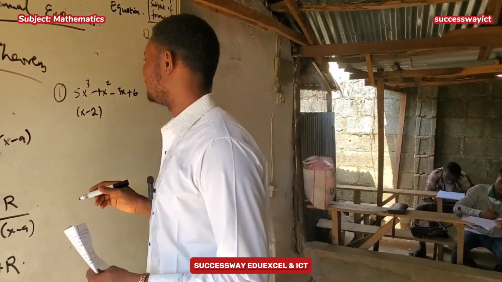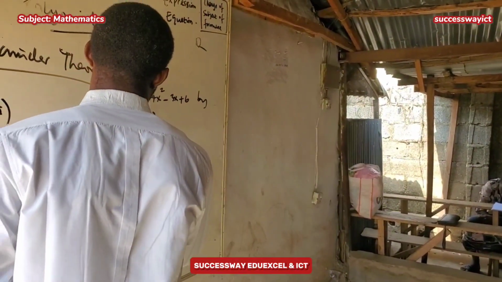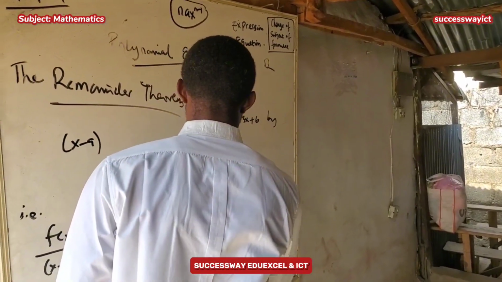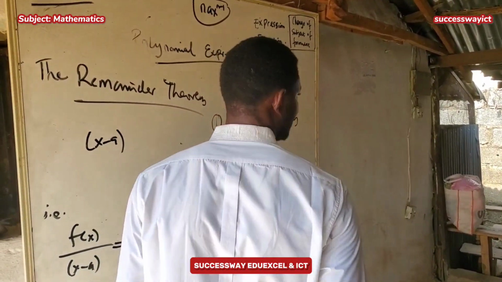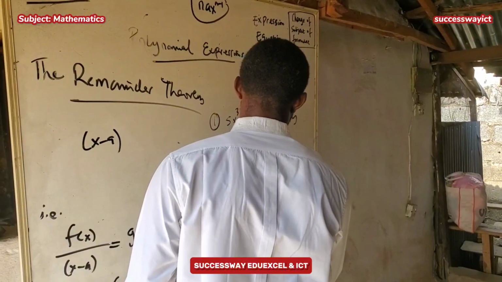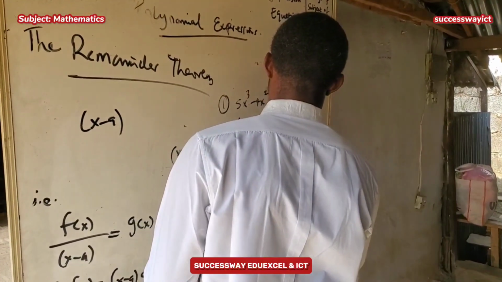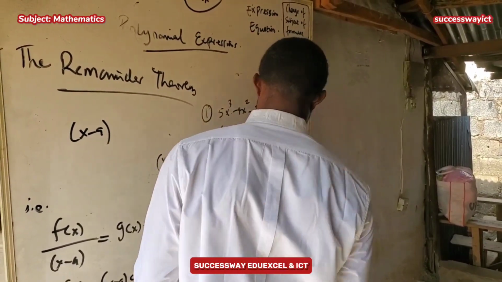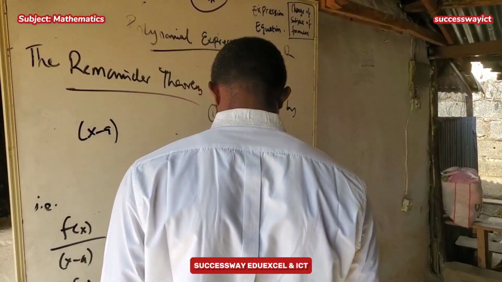Divide this by this. Solution. Let f of x be equal to this.